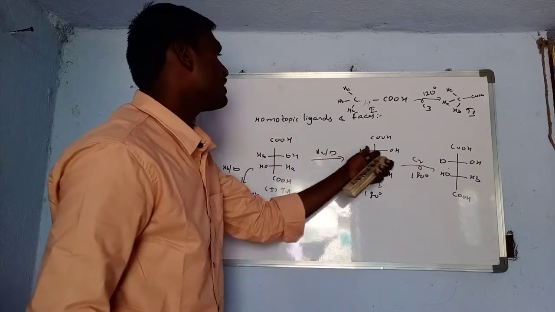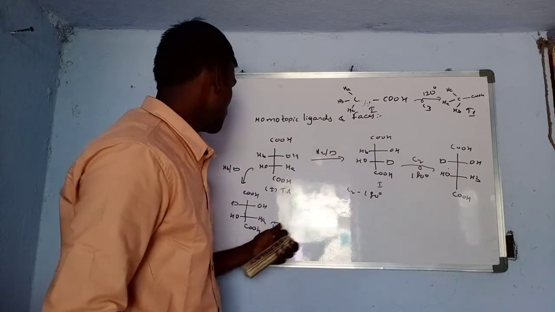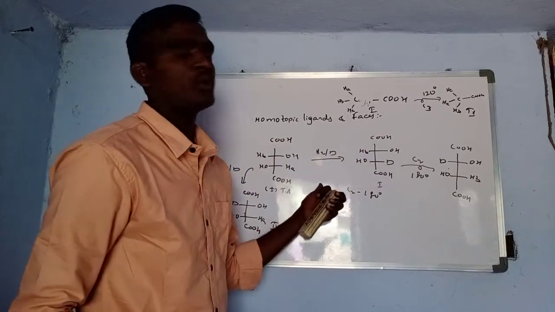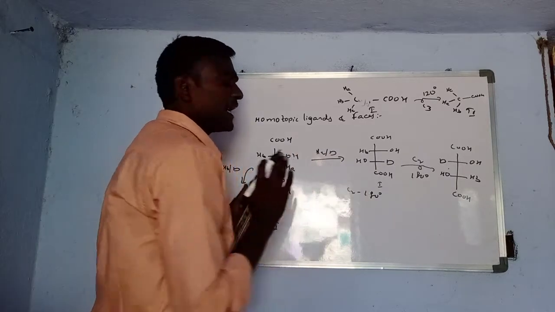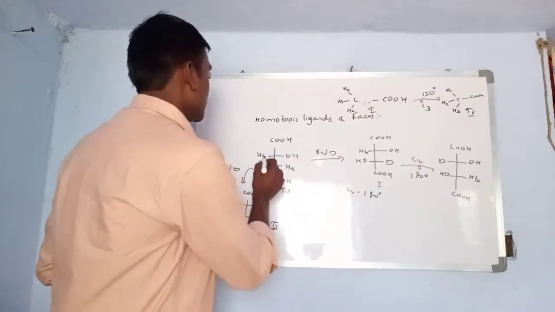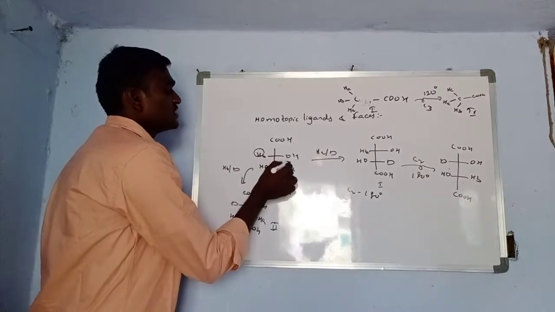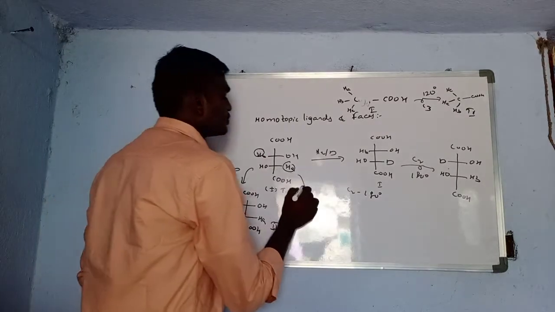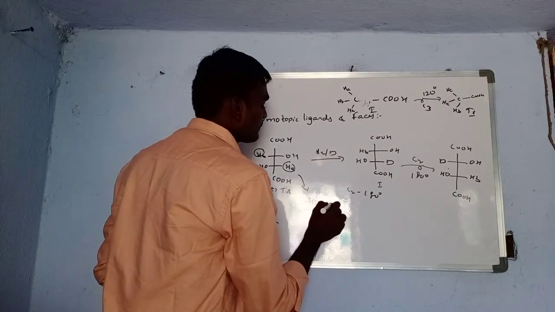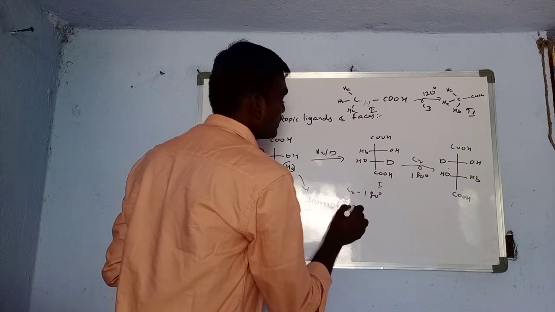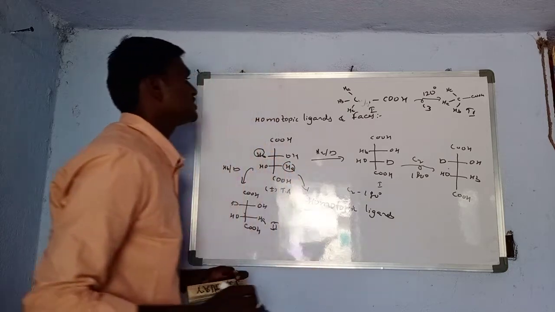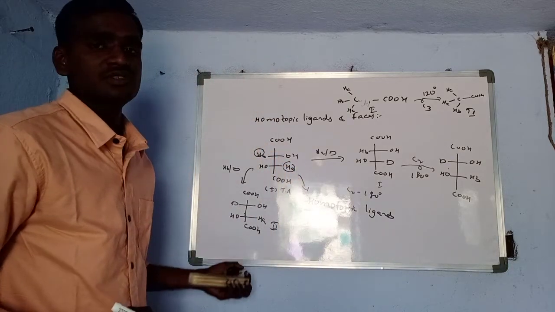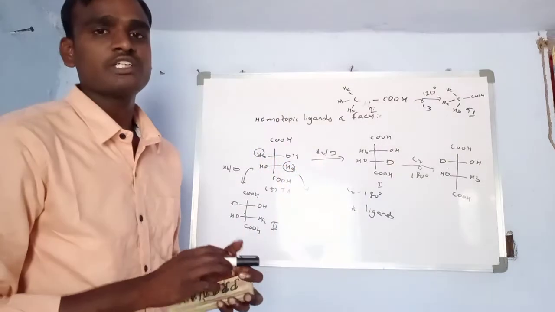Whenever the molecule has an axis of symmetry, here the C2 axis of 180 degrees, it will be homotopic in nature, meaning structures 1 and 2 are identical products. So in plus or minus tartaric acid, HA and HB are said to be homotopic ligands. This is homotopic ligands and phases. I hope it is clear.